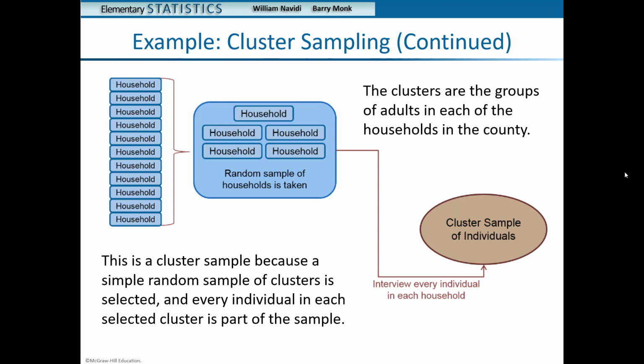And if we're trying to understand unemployment rate, then the survey questions would be used to try to determine how many adults in each household are employed and how many are unemployed, right? But the final sample would be based off of the individuals within the households that were selected.